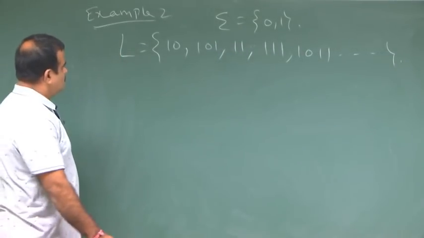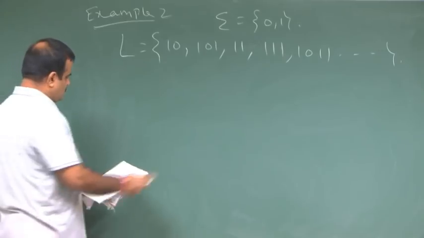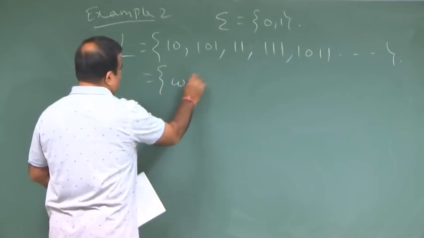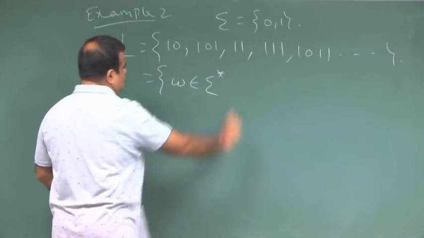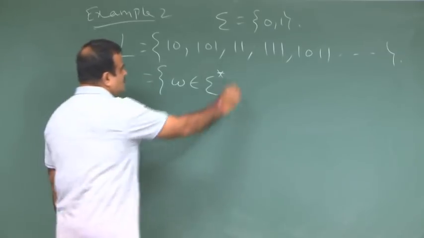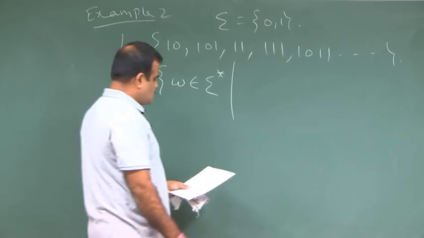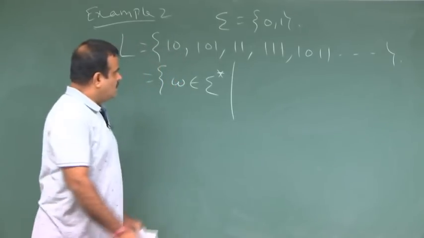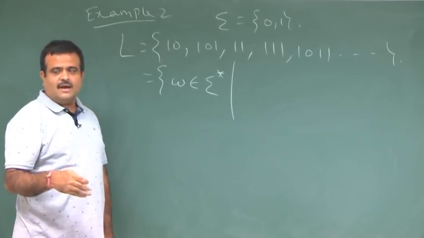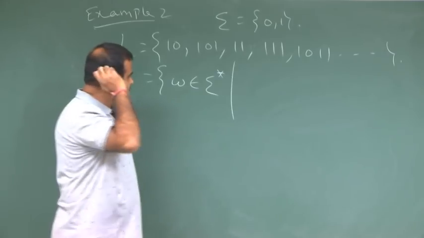So, we can write this as the set of all strings coming from this alphabet such that W, when you convert W from binary to an integer, is a prime number.